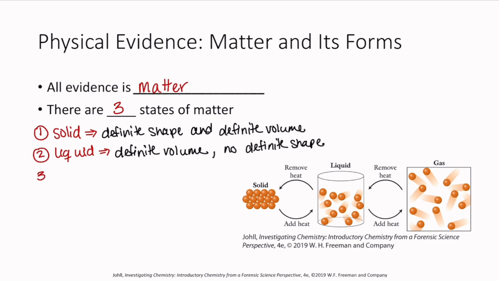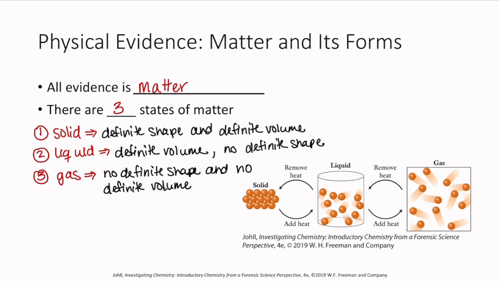The third state of matter is a gas. Now, a gas has no definite shape and no definite volume. So, what that means is a gas will fill a container completely.